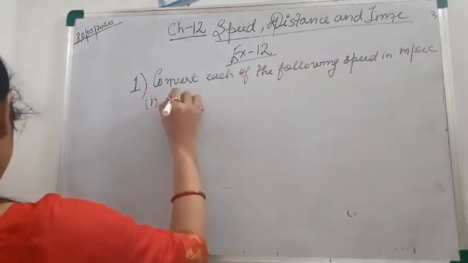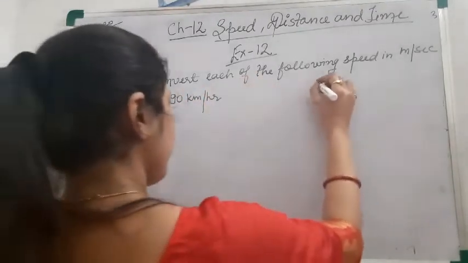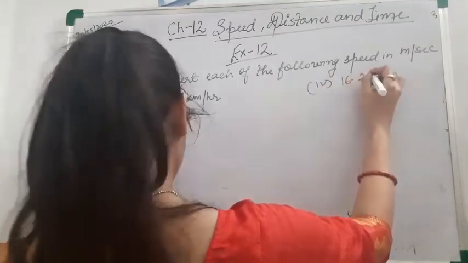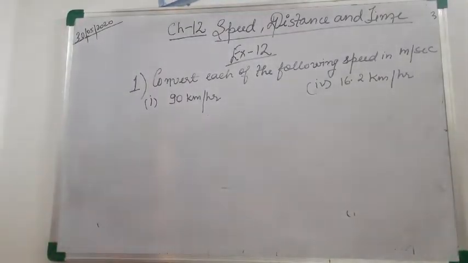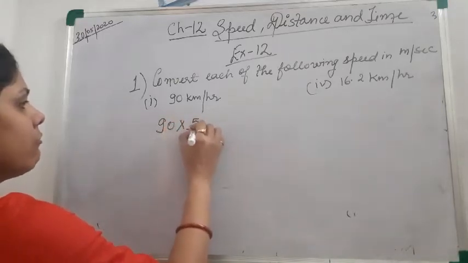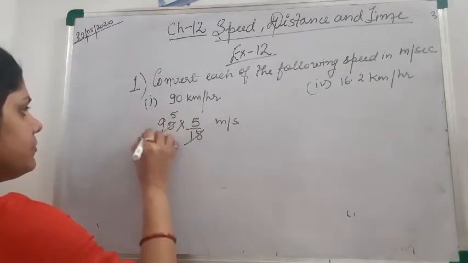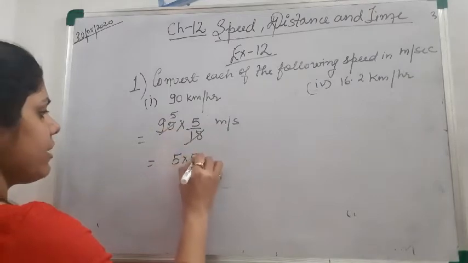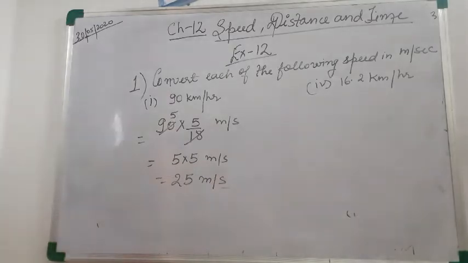Question first is 90 kilometer per hour, and I am doing the fourth question, 16.2 kilometer per hour. You have to convert this kilometer per hour into meter per second. That means we will multiply by 5 upon 18. So 90 into 5 upon 18. 18 5s are 90, so it is 5 into 5 meter per second. It will be 25 meter per second.